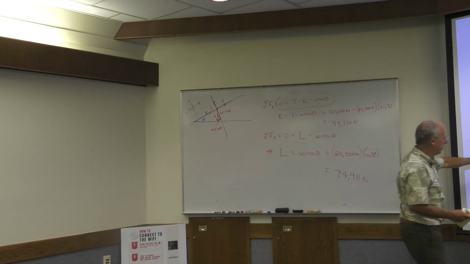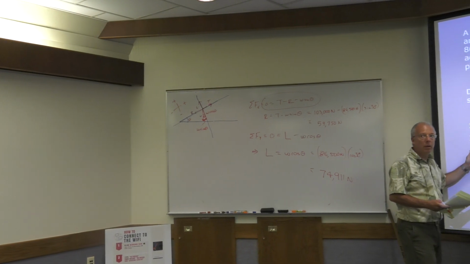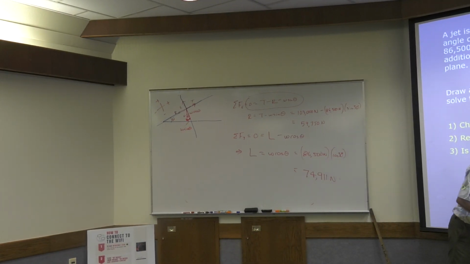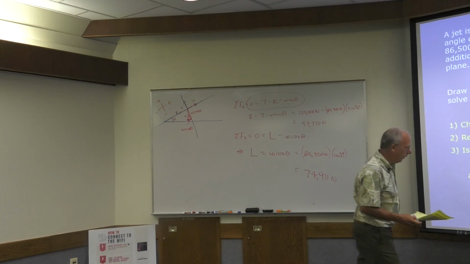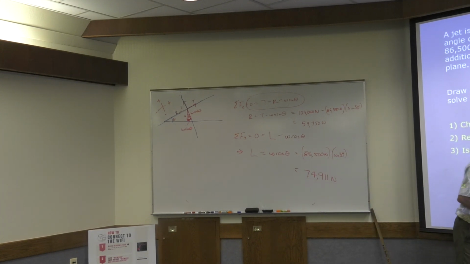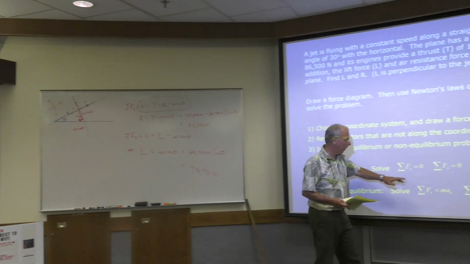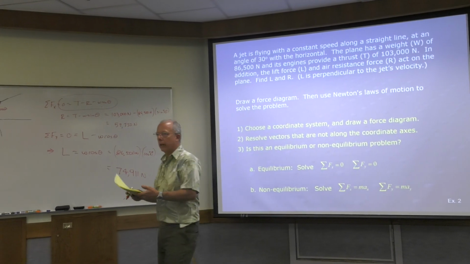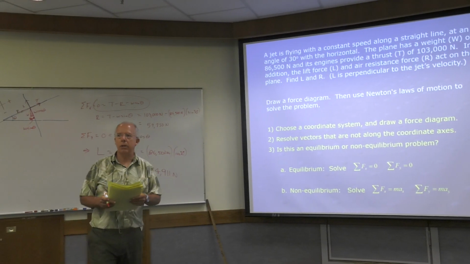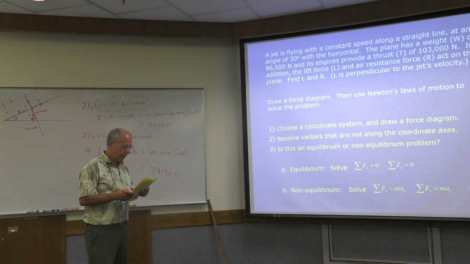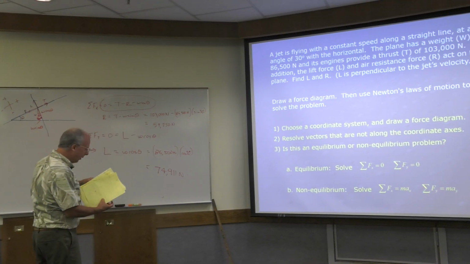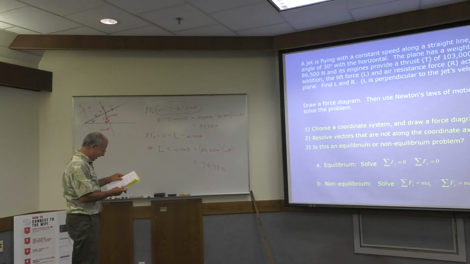And then you have to ask yourself this question: is it equilibrium or is it non-equilibrium? If it's equilibrium, sum of the force equals 0. Non-equilibrium, sum of the force equals ma. And you just have an x equation and a y equation. And you just do the math. That's really all there is to it. Okay. Not so bad, right?